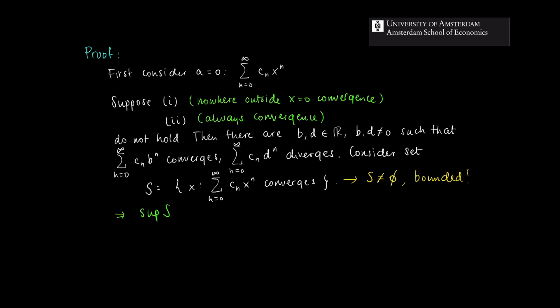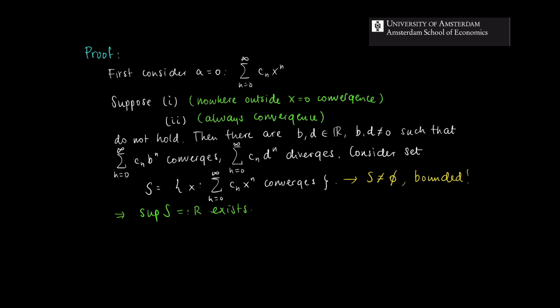Okay, so now we have a non-empty set which is bounded, and this is a set in R, which means that we can speak of the supremum of S. What is the supremum of S? The set S is bounded, but since it's non-empty, it has a least upper bound. The least upper bound is called the supremum of S and denoted by sup S. Let's define this to be the number R, right?